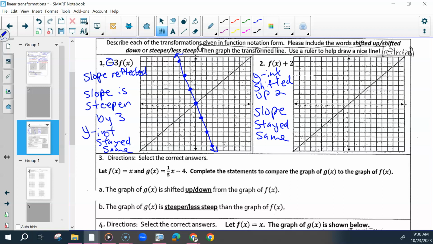Y-intercept shifted up 2. Where is our new y-intercept? 0, positive 2. Yeah. The slope is the same, so it's already 1, so you're just going to keep that going. Go up 1, right 1, as many times as possible. And down the left 1 as many times as possible.